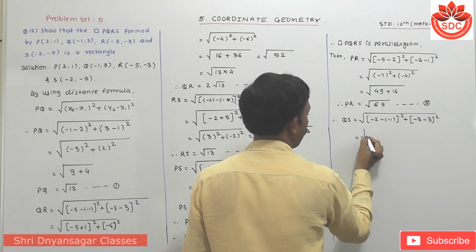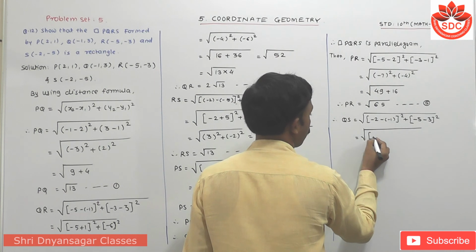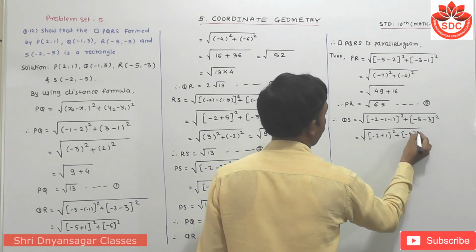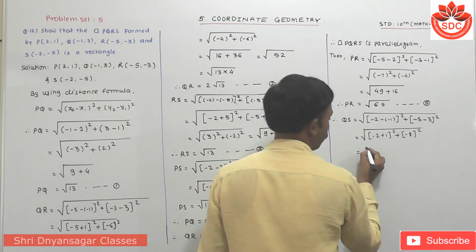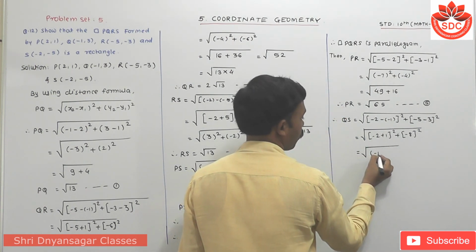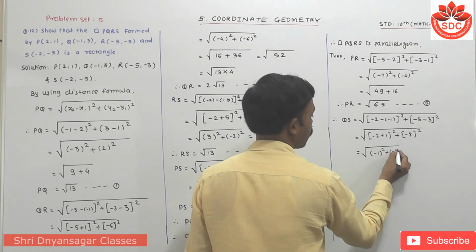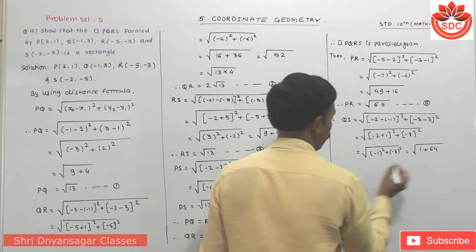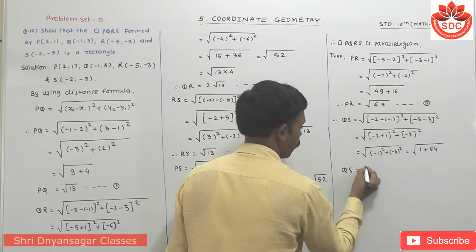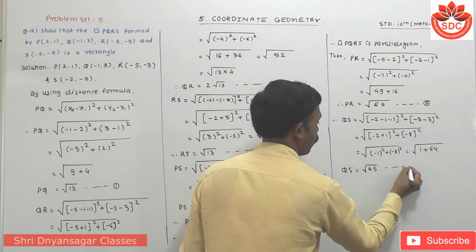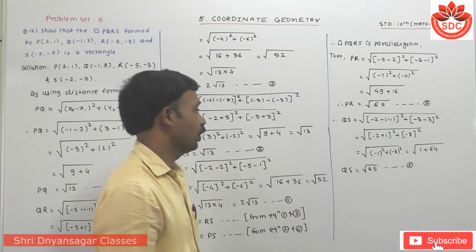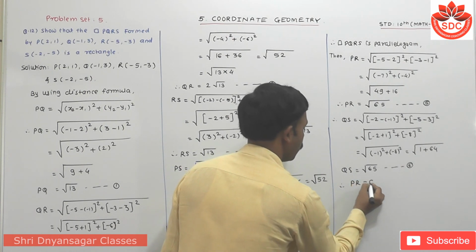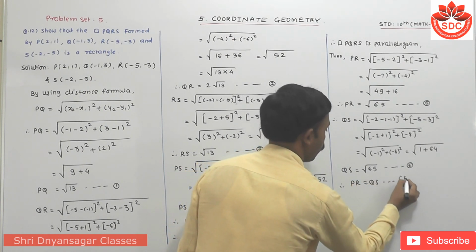Then student, this is minus 2 plus 1 bracket square plus minus 8 bracket square. This value becomes minus 1 square plus minus 8 square, which is 1 plus 64. Means that QS is equal to root of 65. This is equation number 6.